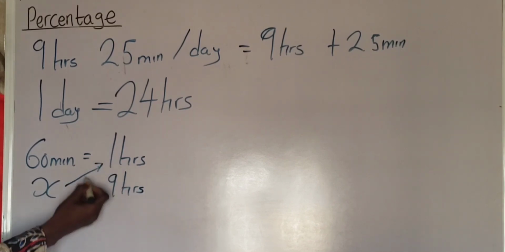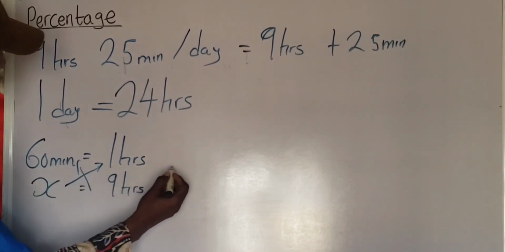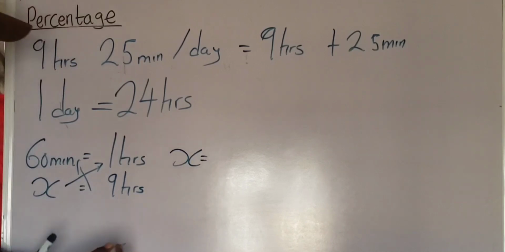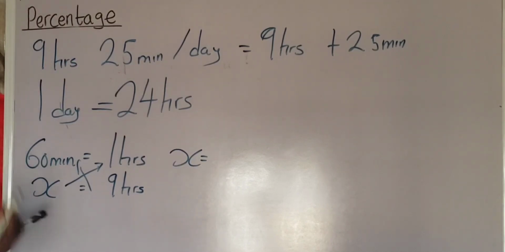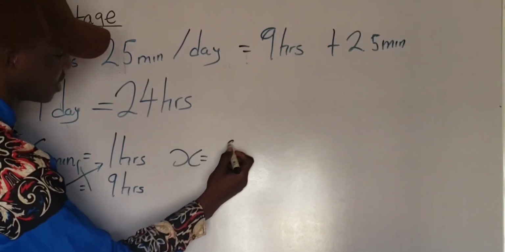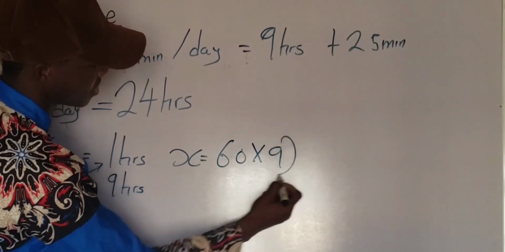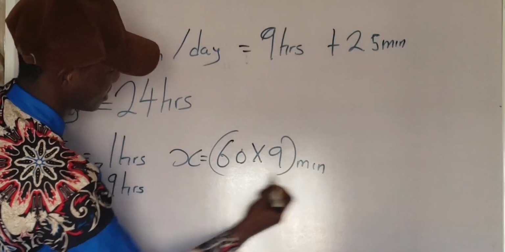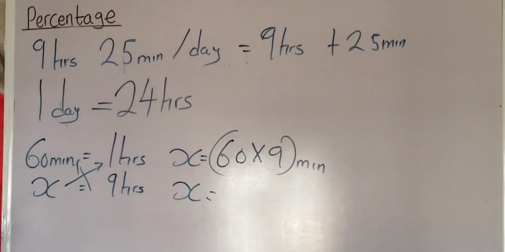Now let's cross multiply. Like I did in the previous example, x will be equal to 60 multiplied by 9 minutes. So x is equal to 60 multiplied by 9. That will give us 540 minutes.